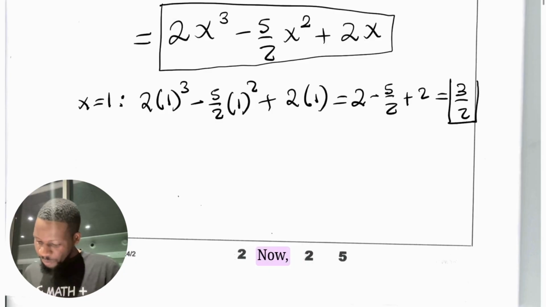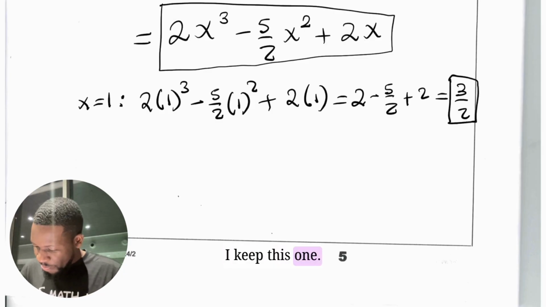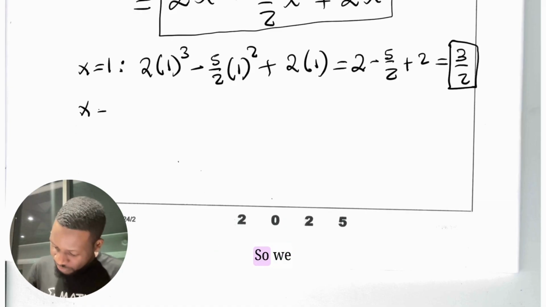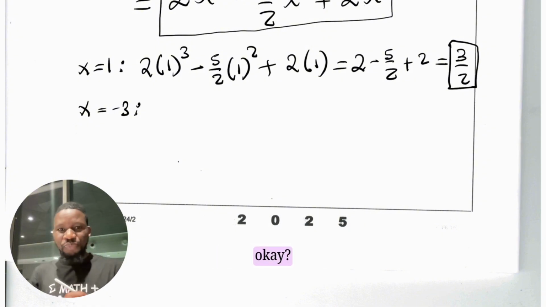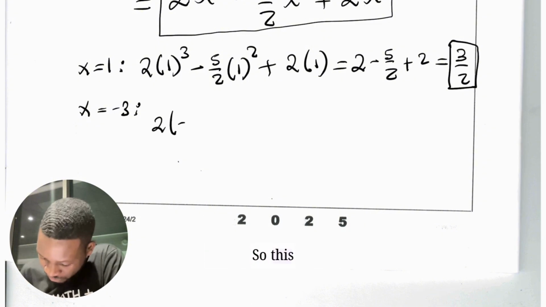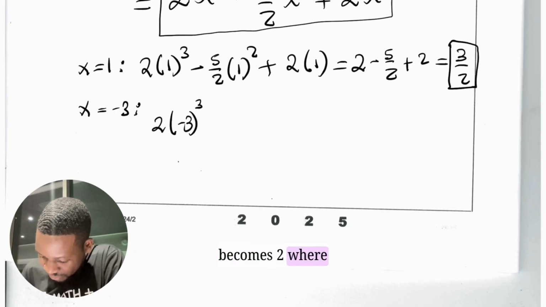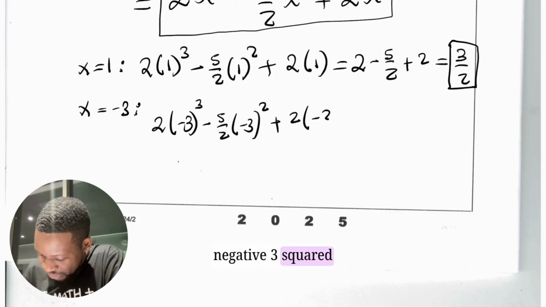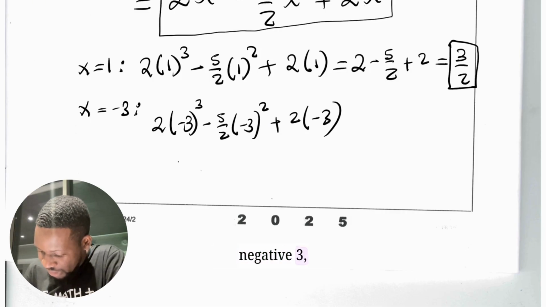Okay? Now, I keep this one. What I'll find next is what I'll subtract, okay? So we have x, when x is -3, that is the upper limit, I mean the lower limit. So this becomes 2, where I put -3 to the power 3 minus 5 over 2, -3 squared plus 2, -3.